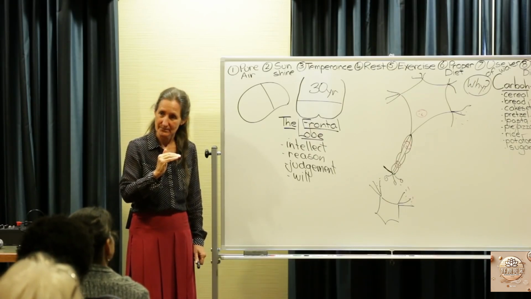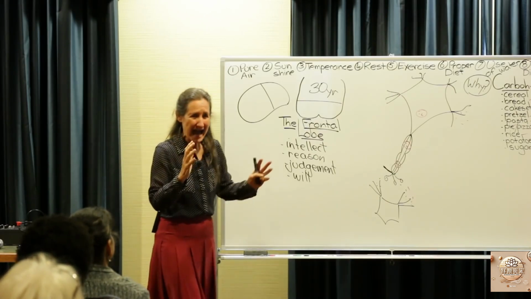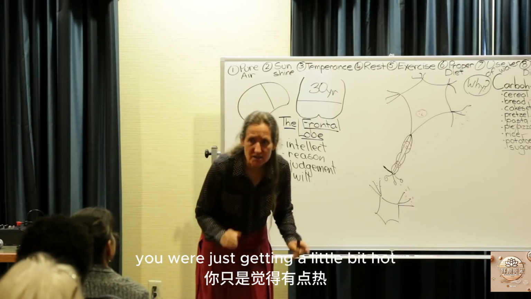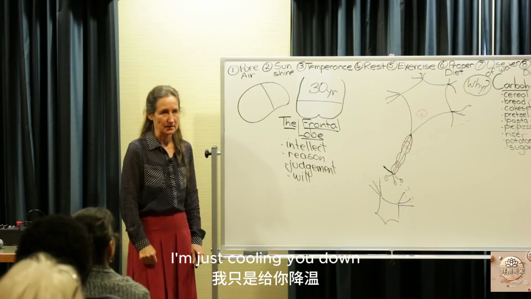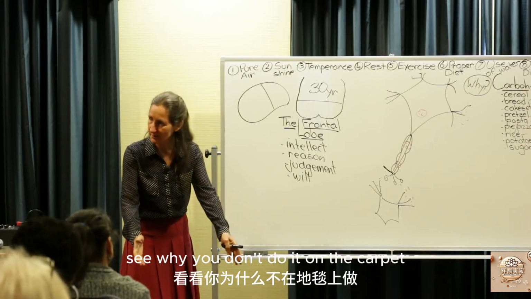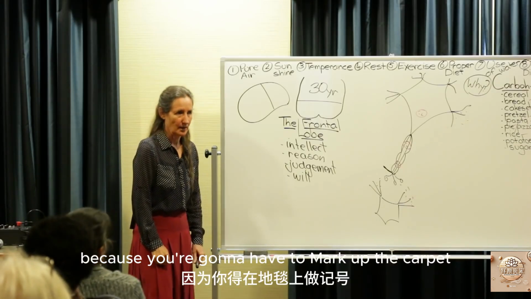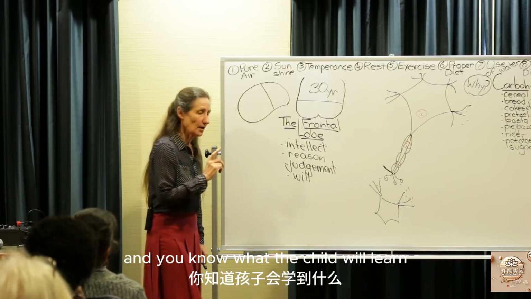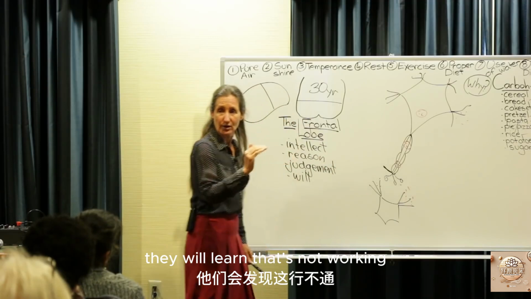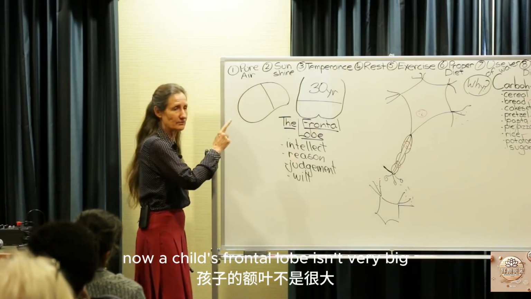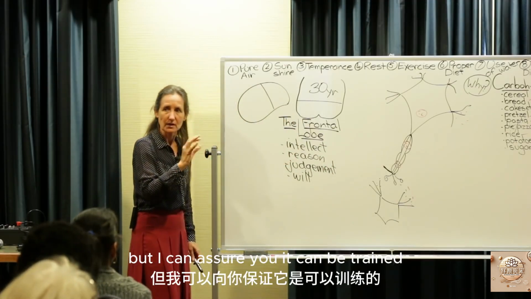Calmly. Sorry, sweetheart, you were just getting a little bit hot. I'm just cooling you down. See why you don't do it on the carpet? Because you're going to have to muck up the carpet. And you know what the child will learn? They will learn that's not working. Now, a child's frontal lobe isn't very big, but I can assure you it can be trained.